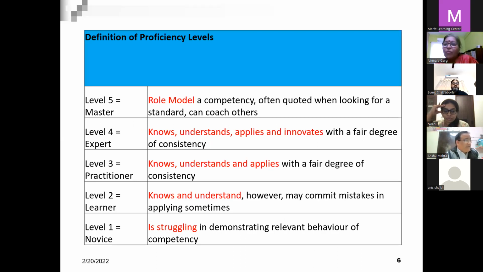Okay. First of all, let me give you a little summary of this. Here what we were trying to do is, ultimately, everything in an organization boils down to behavior, right? Demonstrated behavior. That means how you behave.